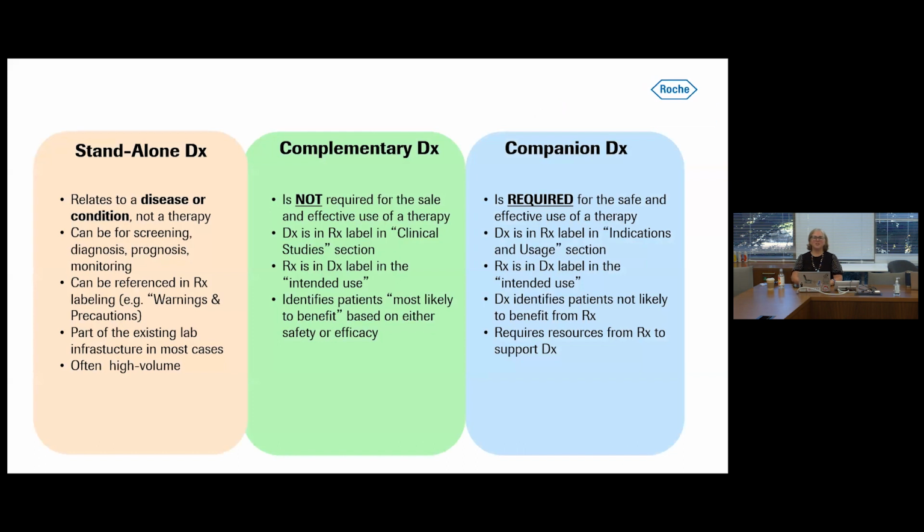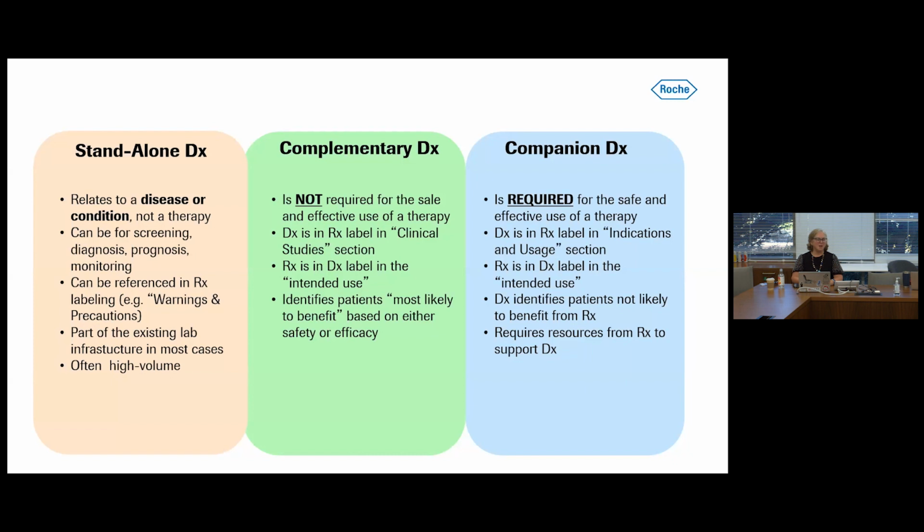So just a quick refresher, and this is meant to be something you can print out and refer to, that there are kind of 3 buckets of predictive biomarkers: the companion, the complementary, and what you could call a standalone diagnostic or a disease diagnostic. This would be where I would put the example we talked about with eosinophils for asthma. These are diagnostic tests that are important, can be referenced in your labeling, but they're not considered a complementary or a companion diagnostic.